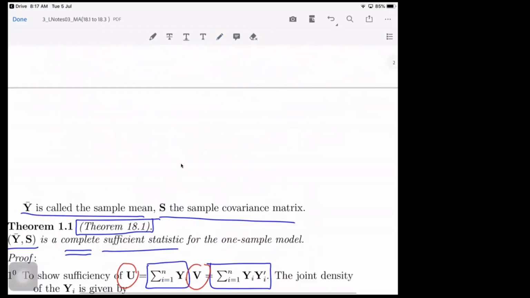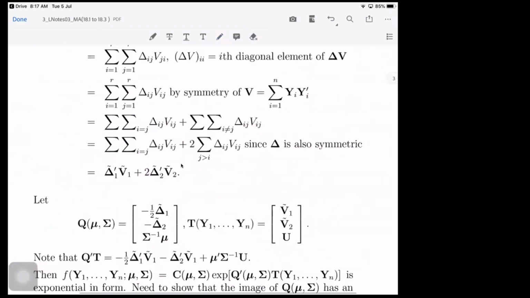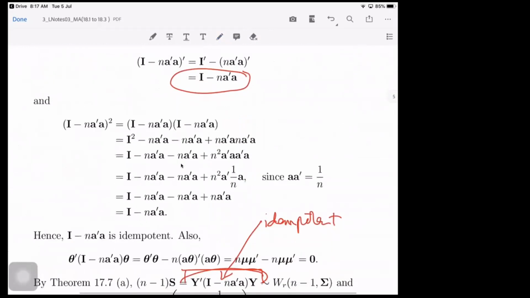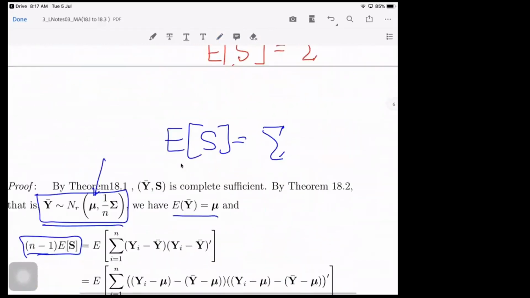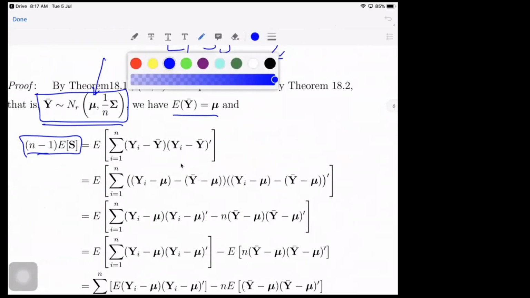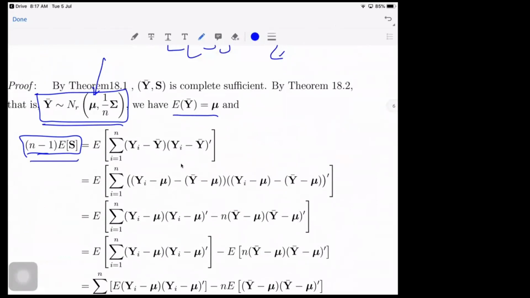So in the proof of showing that S is an unbiased estimator, we can write now n minus 1 times the expected value of S, applying expectations to that.